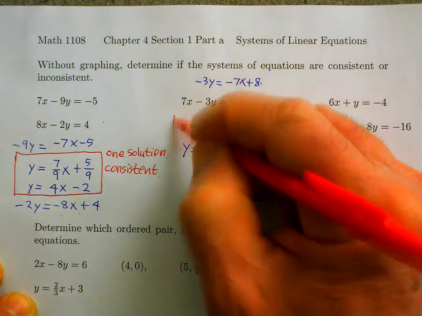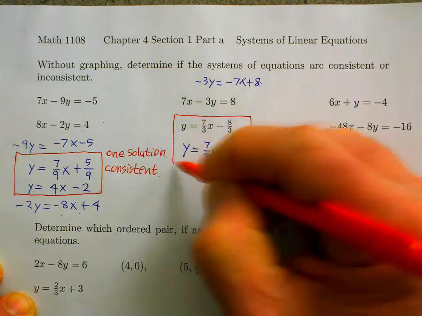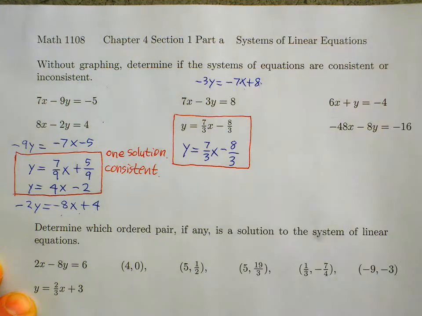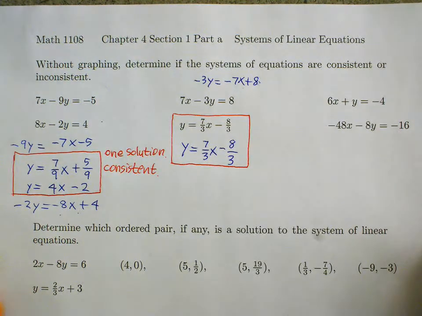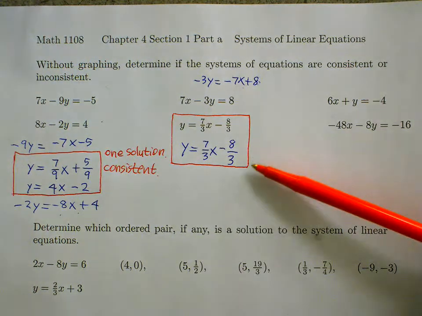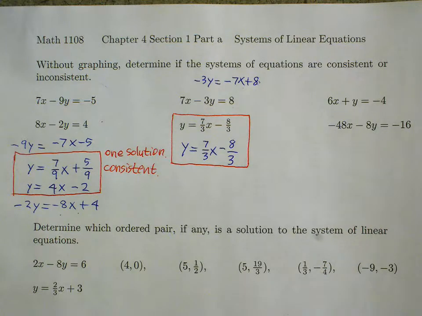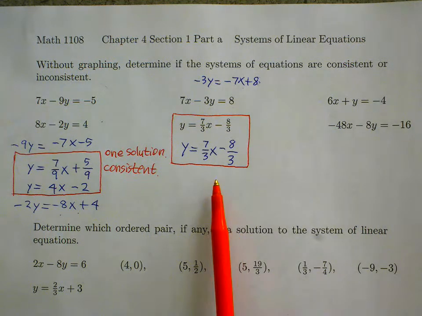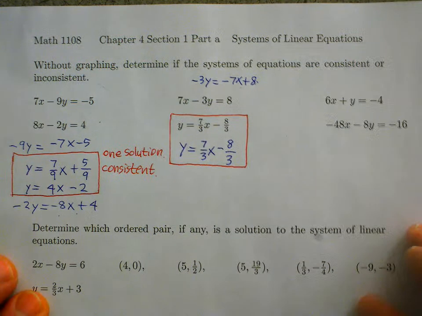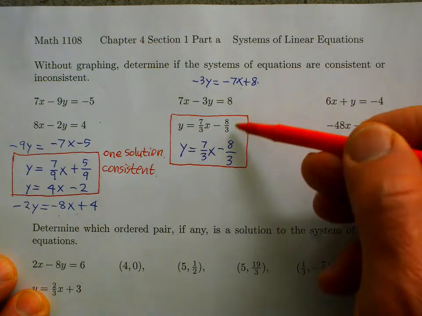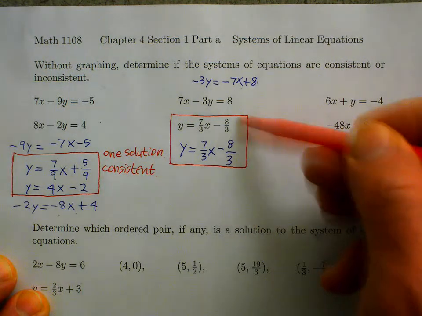So we can view these as the two lines in the system. What do we say about this system? Yeah, they're the same line, so there are infinitely many solutions, because the two lines are exactly the same.